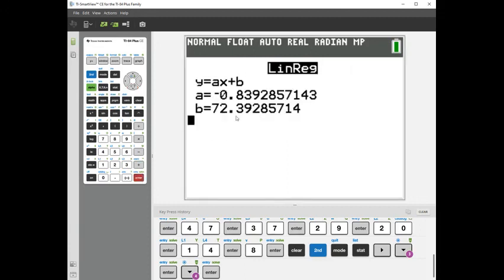And that's your linear regression equation. Remember to round to 3 decimal places. Y equals negative 0.839 x plus, then b is right here, 72.393. That's how you find the linear regression equation for any data set.